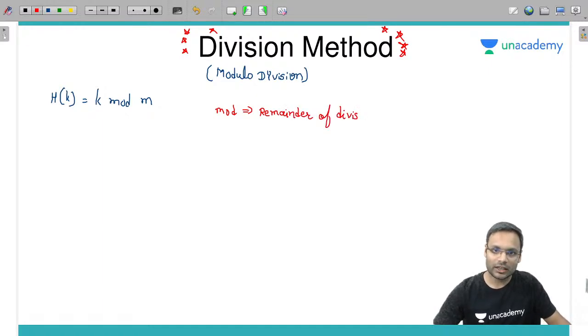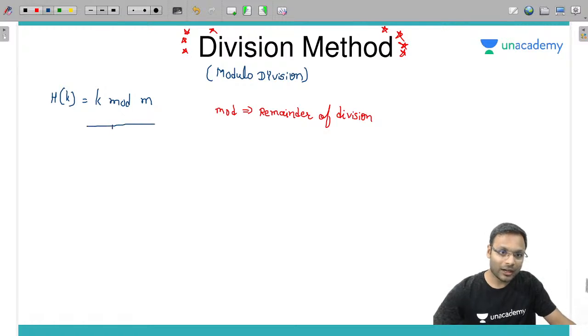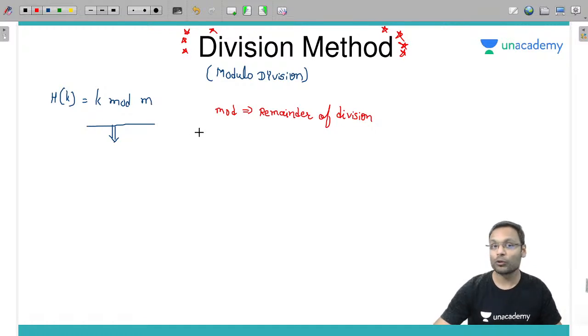When you divide k by m, it will return the remainder. Understanding this, now let's try to understand it in more detail. If you are providing k mod m as the h of k, which is the location, then because of this, what can be the range of locations you can have?